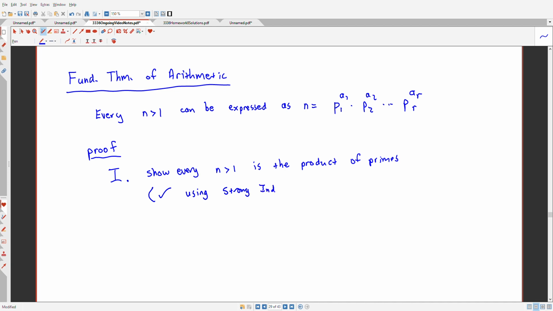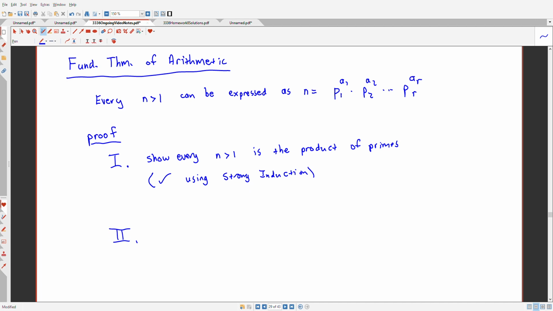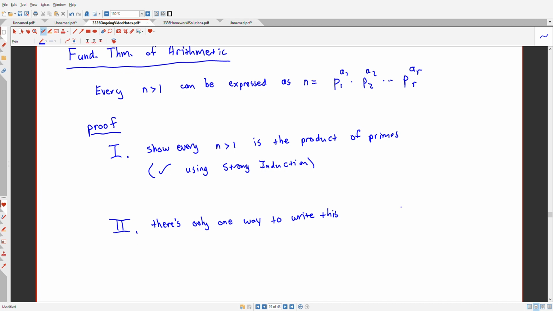And so it's really part 2 that I want to finish this with. The second part of the proof needs to show there's basically only one way to write this, essentially.